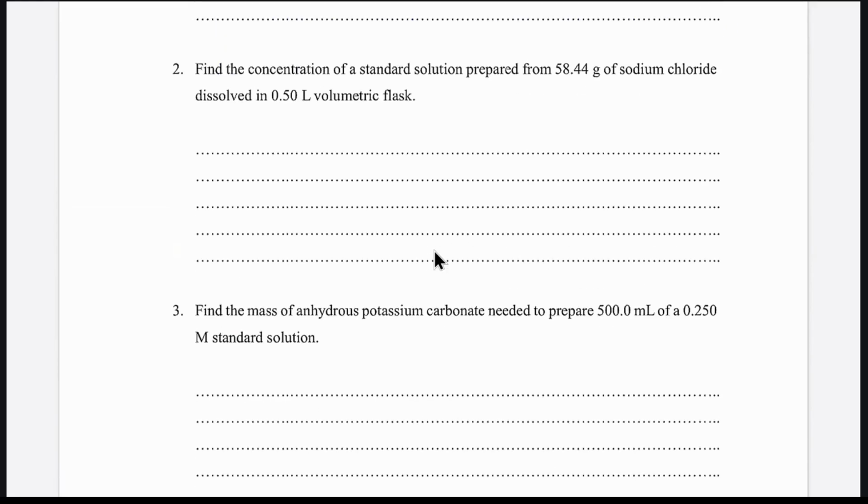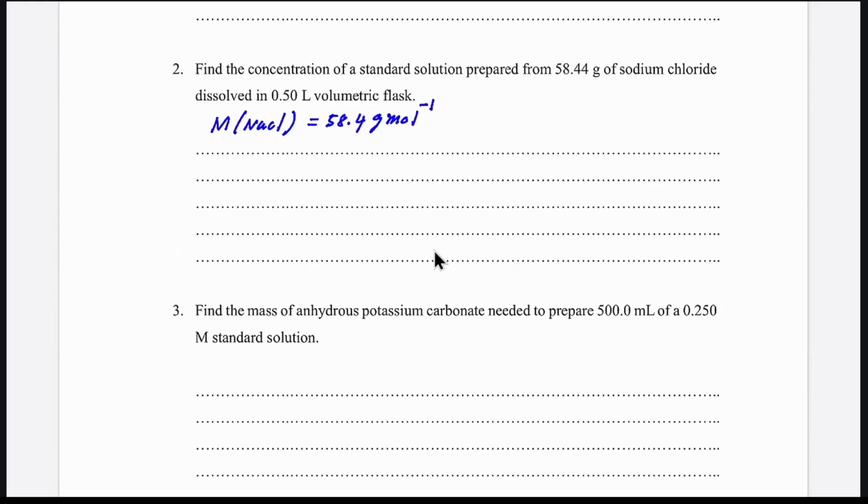Find the concentration of the standard solution from this much of sodium chloride dissolved in this much of volumetric flask. How do you do that? The molar mass of NaCl is 58.4 grams per mole. You have to write grams per mole.